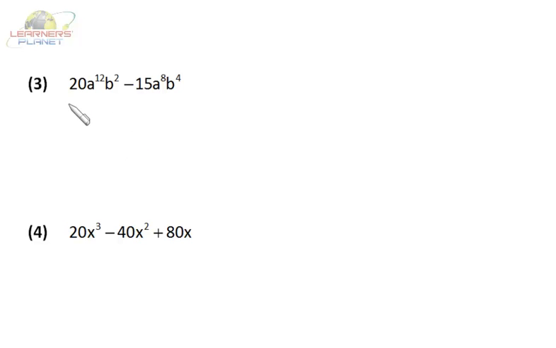Now let's see this question. First of all, we have to find out the HCF of 20 and 15. So HCF of 15 and 20 is 5. Then we have to find out the HCF of variables, that is a raised to 12 b square, and a raised to 8 and b4.